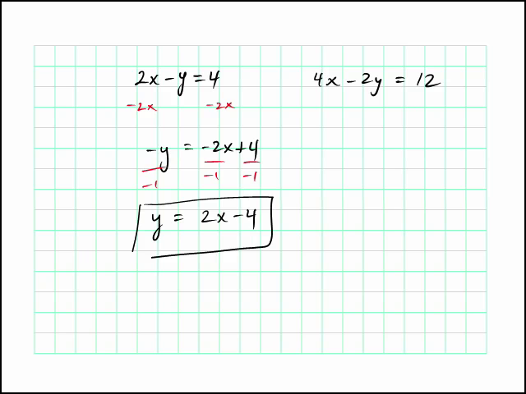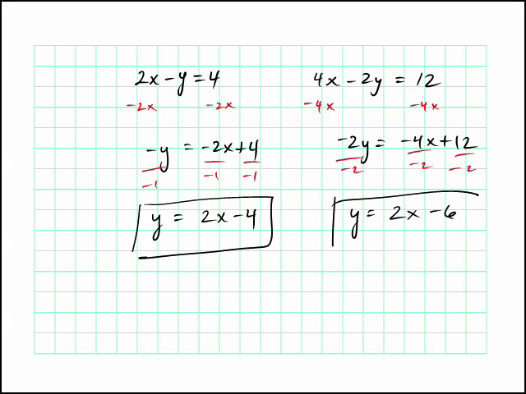Alright, so there's one line. Next one, subtract 4x from both sides. Negative 2y equals negative 4x plus 12. Divide everything by negative 2. And we end up with y equals positive 2x minus 6.